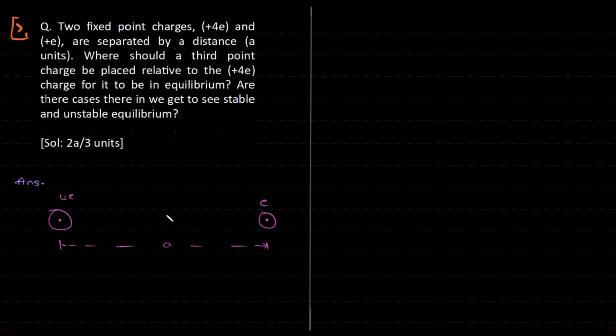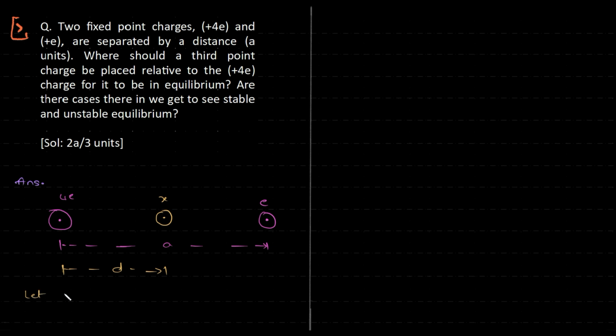And now we have a third charge called x, which we can call d units away. And we have to make this stable, is it not?